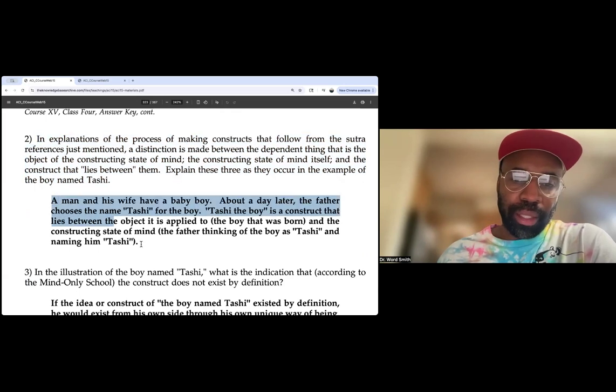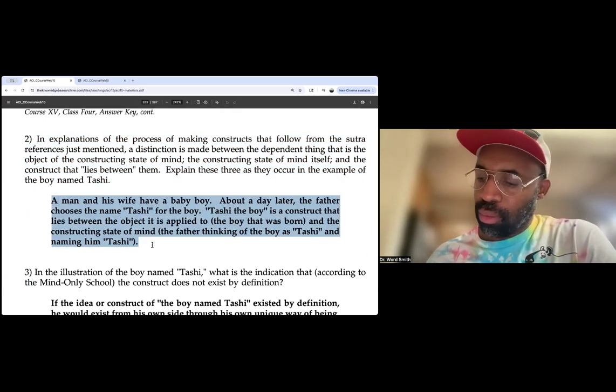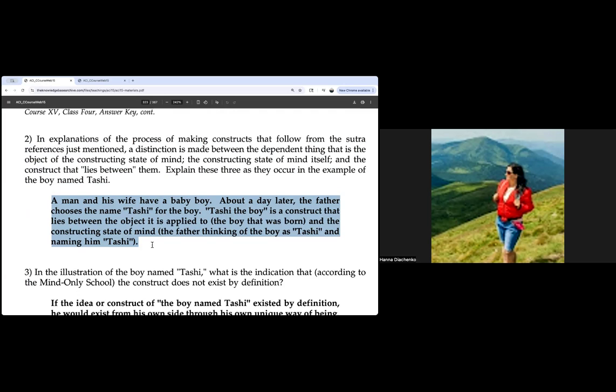Read this, Hannah. A man and his wife have a baby boy. About a day later, the father chooses the name Tashi for the boy.